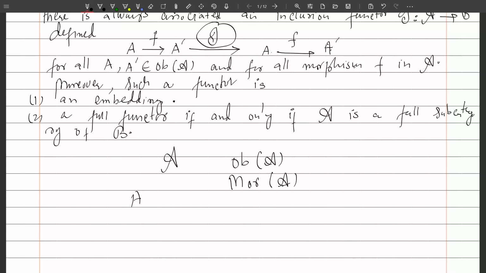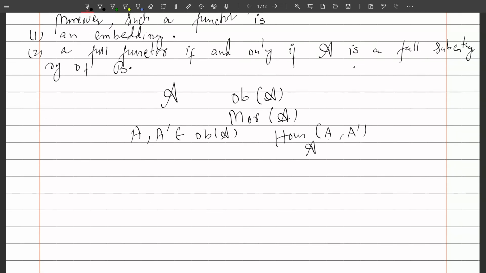If we pick two objects A and A prime in the object class, then the set of arrows from A to A prime is denoted by hom(A, A prime). So these are the morphisms in category A from object A to A prime.